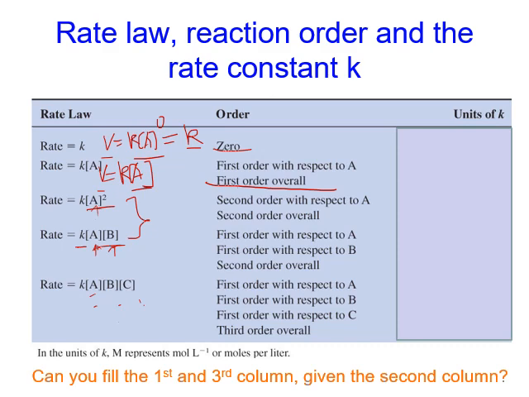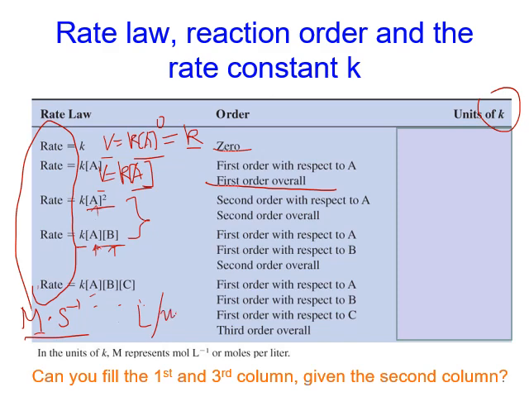The unit of K depends on the rate law. Remember, no matter whether it's first order, second order, or third order, the reaction rate has the same unit, because the reaction rate is defined as the concentration change over time. So it's molarity per second. Now molarity is mole per liter, and then per second.